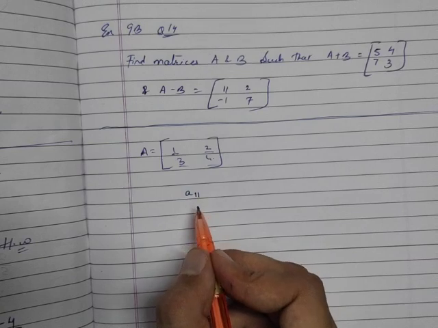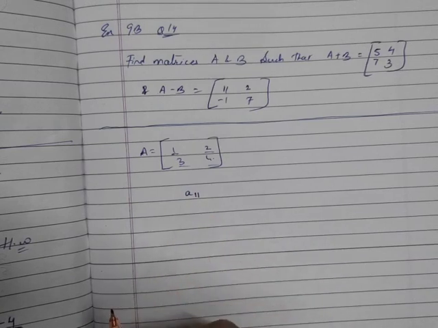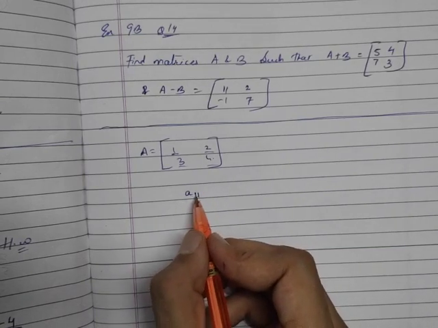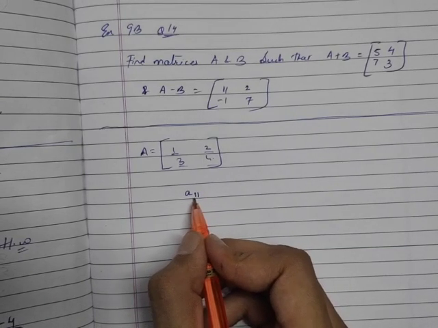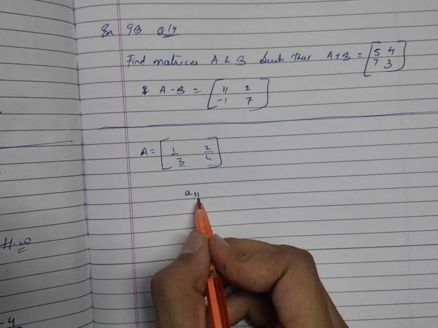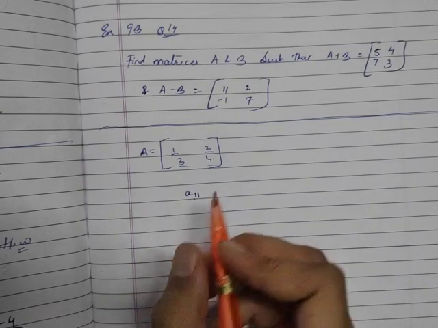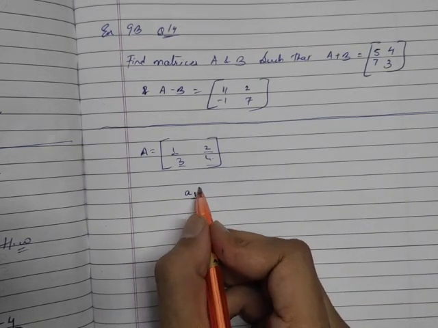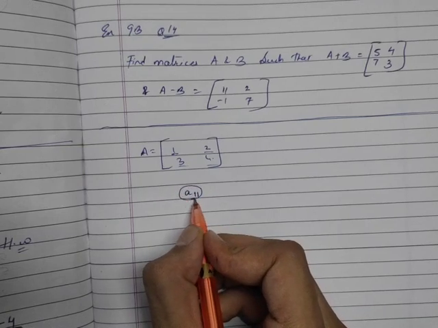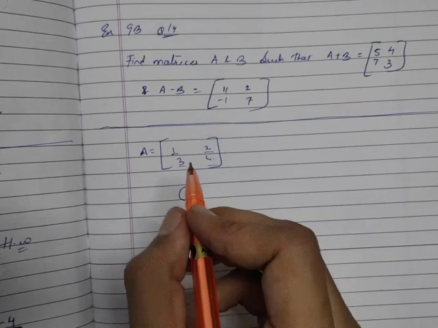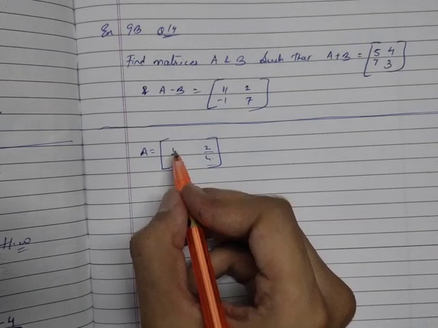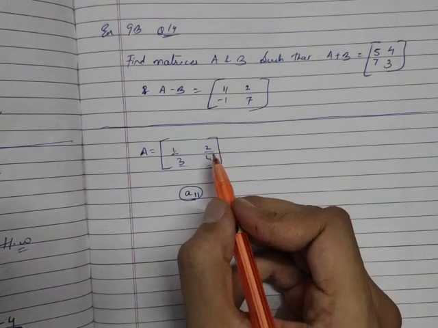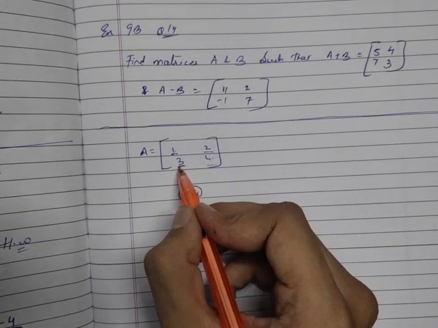That means they are written in a small font and below the letter A. So this first one indicates the row number and the second one indicates the column number. So when I say A11, you should understand I'm talking about the element at this position, which is nothing else but 1.